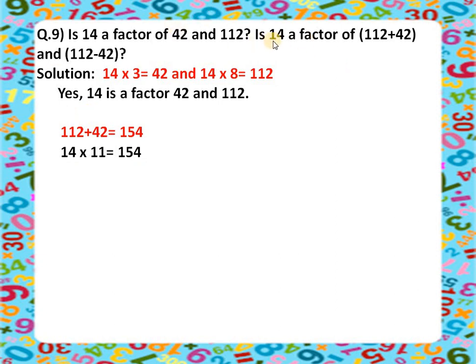Now we will proceed towards the second part. That is 112 plus 42. Let's add this. We will get 154. And as we know, 14 multiplied by 11 will give you 154. So yes, 14 is a factor of 154.